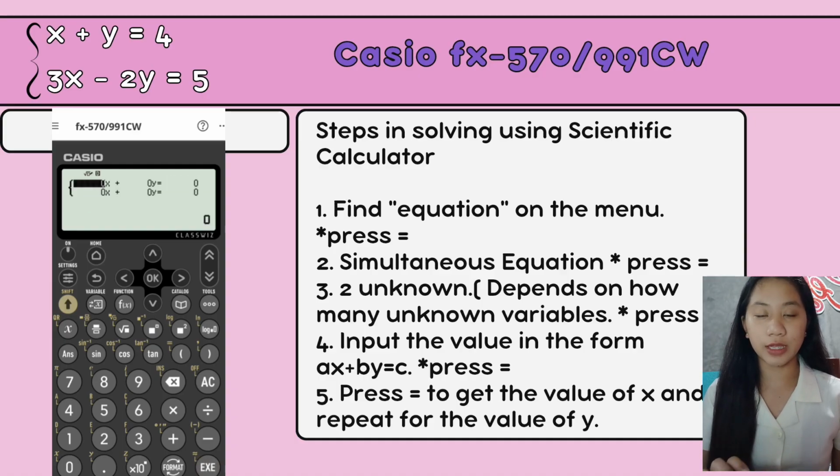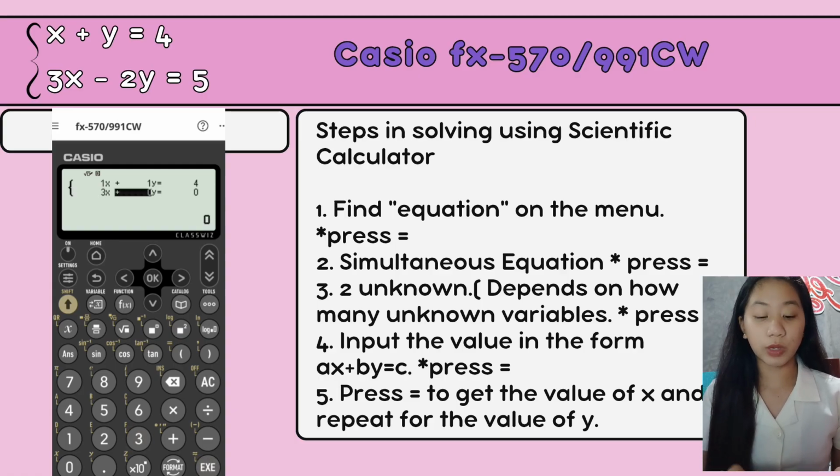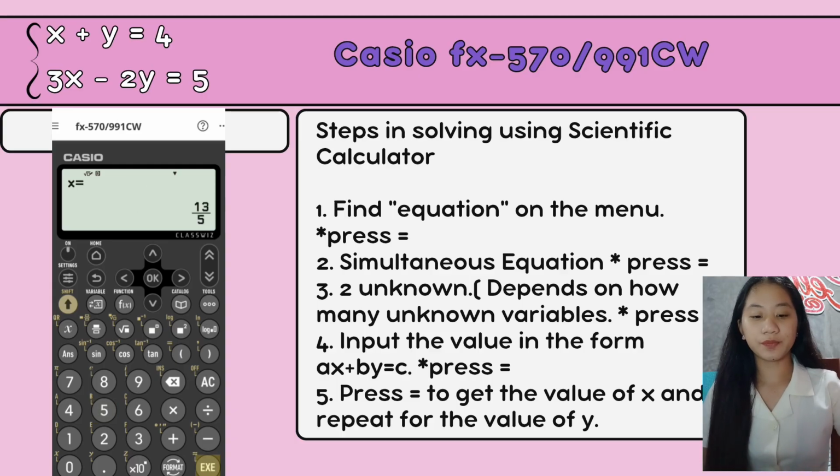We have x plus y equals 4, so 1 equals, 1 equals, 4 equals. Then the other one, we have 3x, so 3 equals, minus 2y, so negative 2 equals, 5 equals, and then press equal.